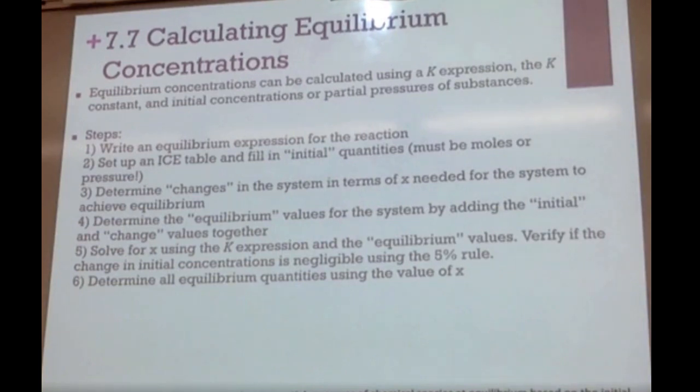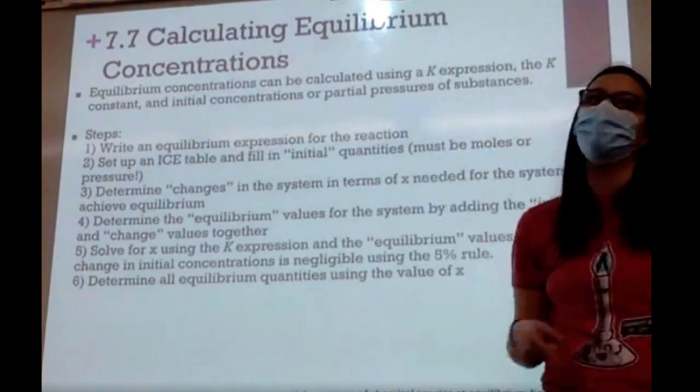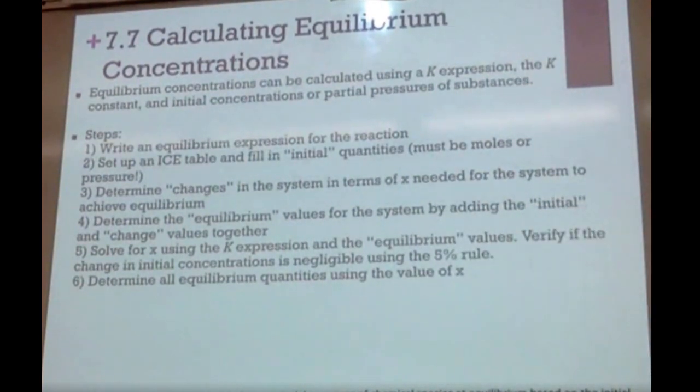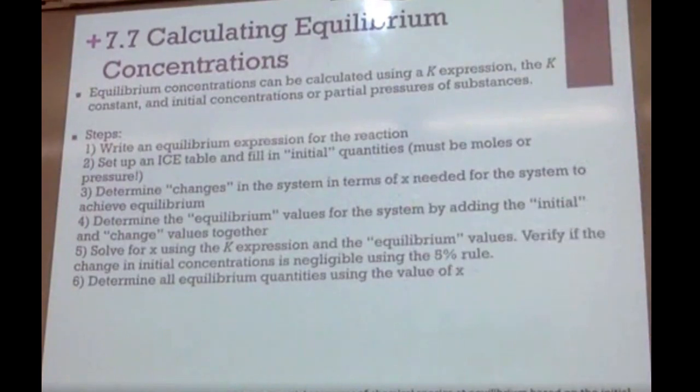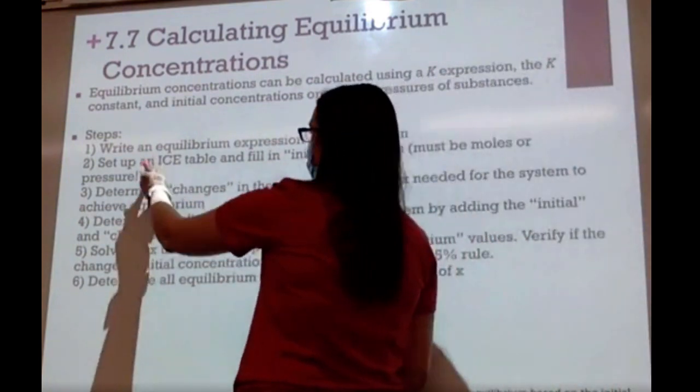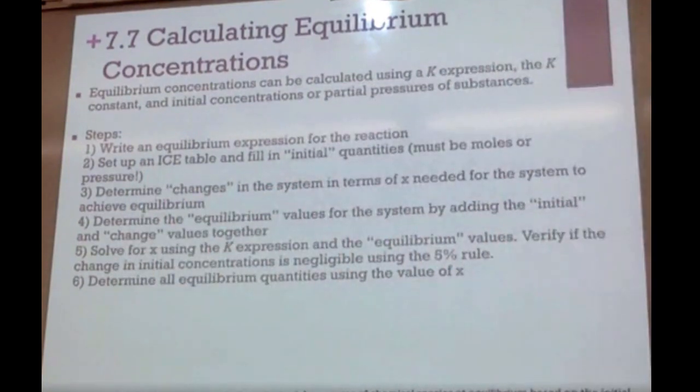If you have something at equilibrium and you're not sure where to go, set up an ice table. Some people call it RICE, R-I-C-E, because that R reminds you to have a reaction.